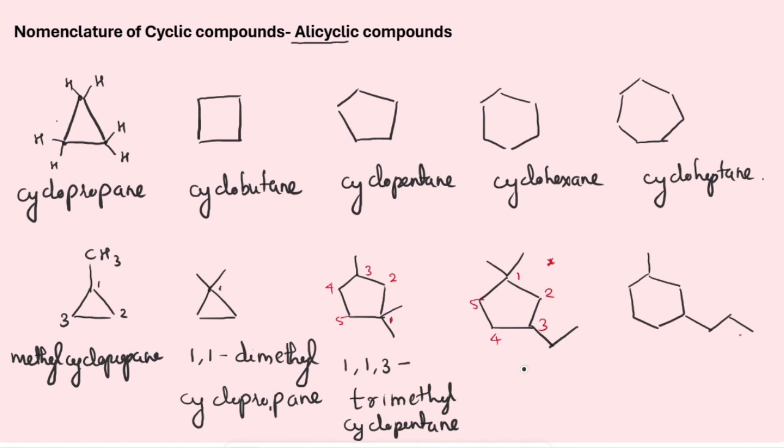Therefore, how do you name this? Still, ethyl will have priority when you are writing the prefix, right? Therefore, you have to write it as 3-ethyl-1,1-dimethylcyclopentane.